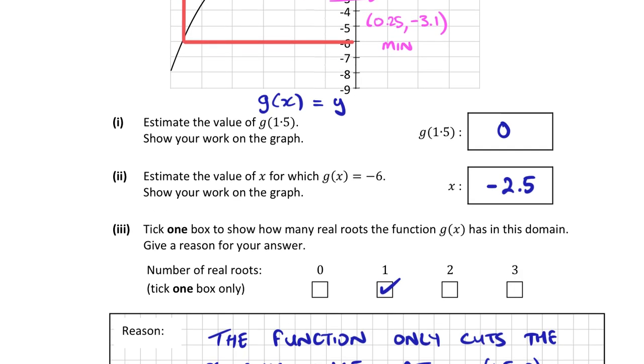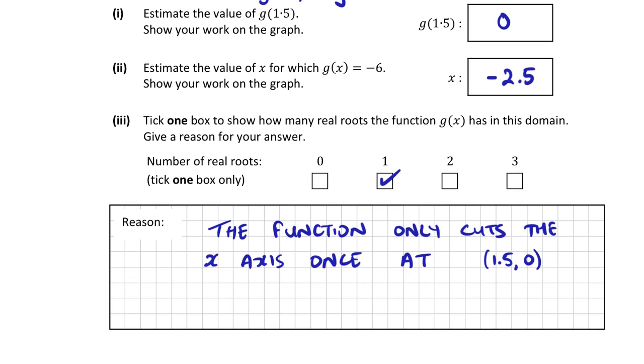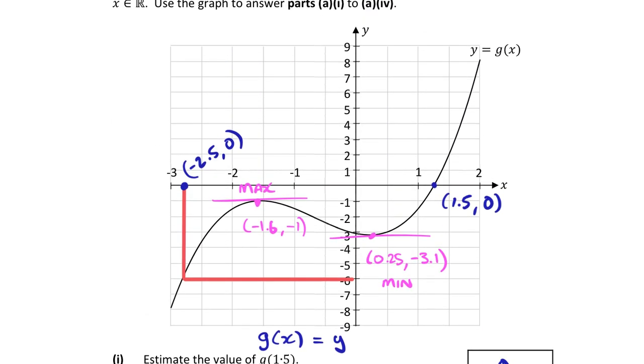So that brings us on there to part 3. Part 3 says, tick one box to show how many real roots the function g of x has in this domain. Give a reason for your answer. So our options there are 0, 1, 2, or 3. If we were to go back up and look at the function, we can see that the function only cuts the x-axis once.